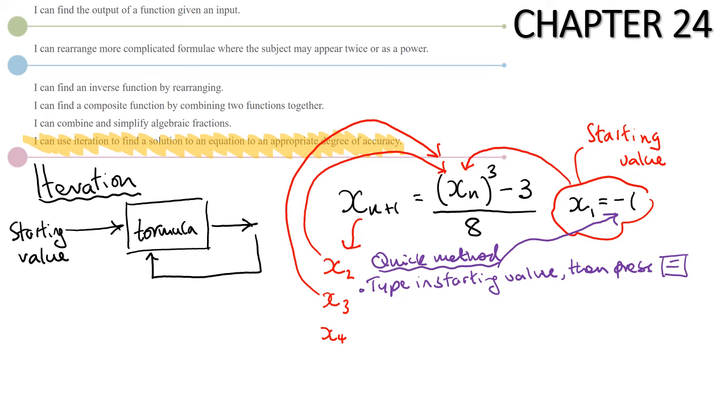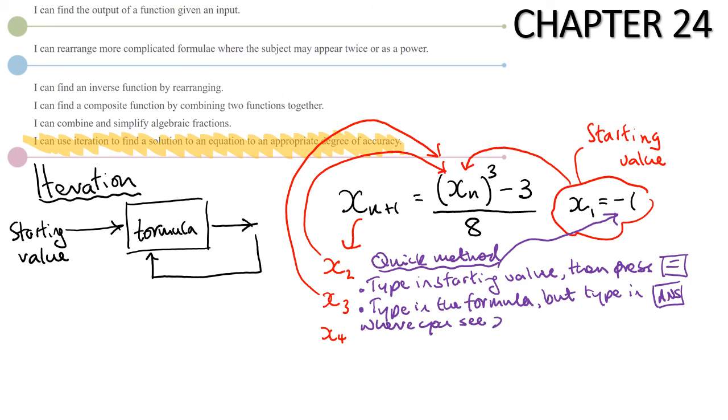That's step number 1. Step number 2, we're going to type in the formula, but press the answer button where you see xn.